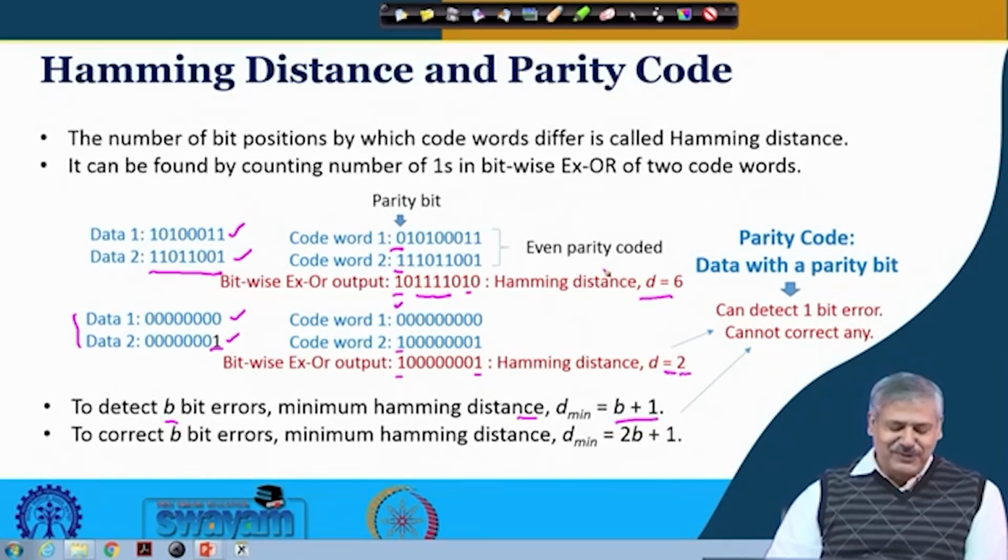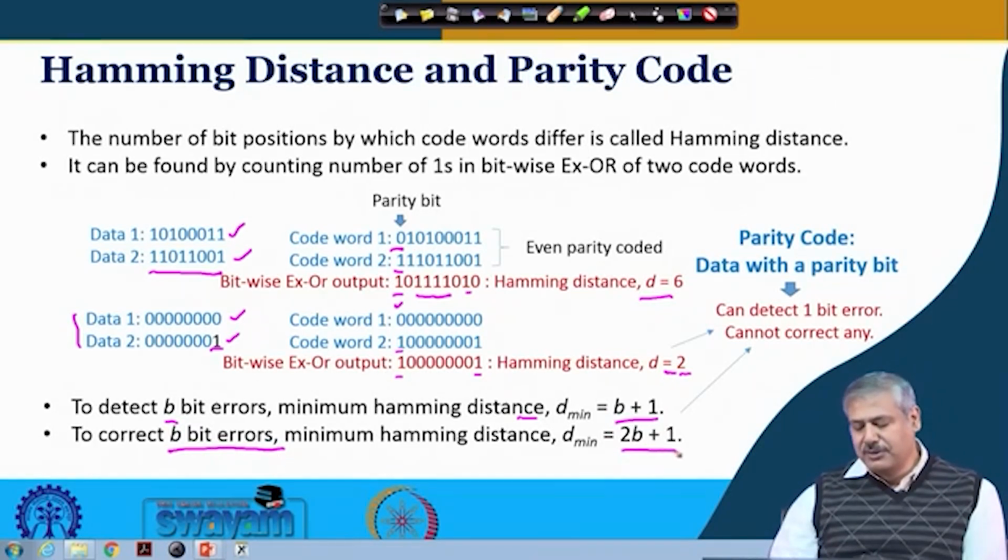And for correcting b bit errors, what is the minimum Hamming distance required? The rule says it is 2b plus 1. So, to correct even 1 bit error, we need the Hamming distance 2 into 1 plus 1, so 3.